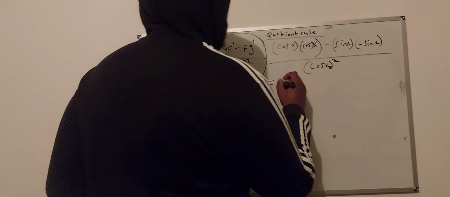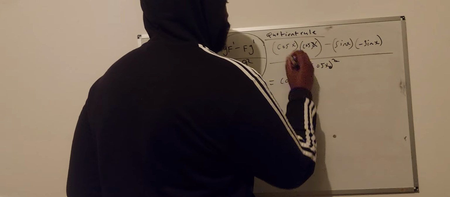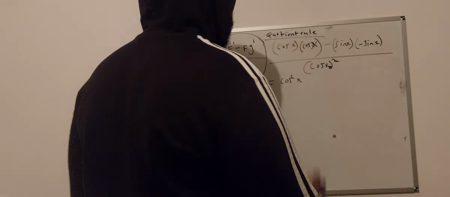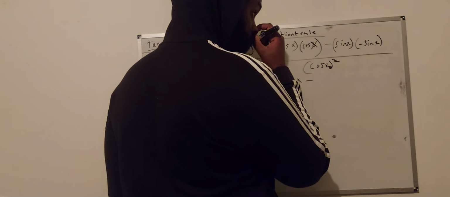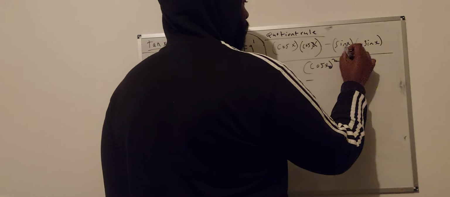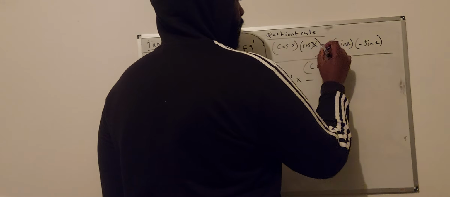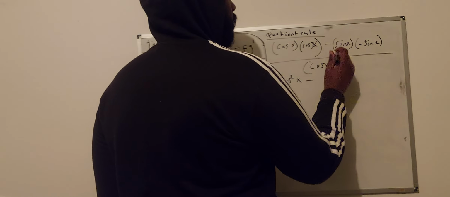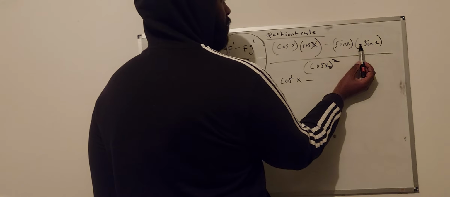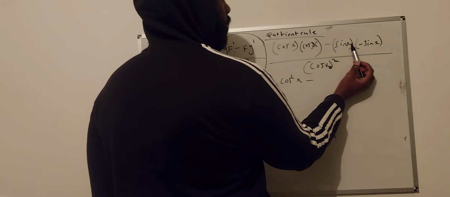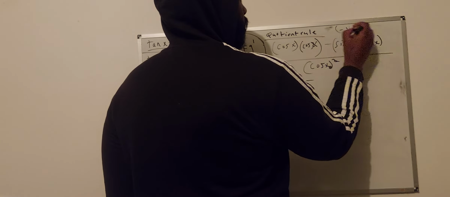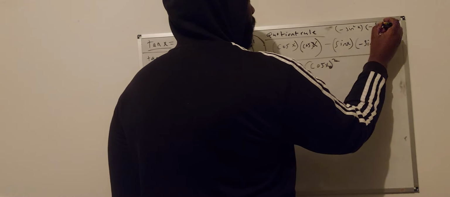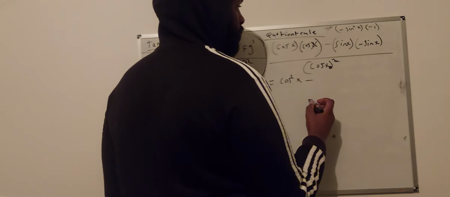So cos squared x, if you multiply the two brackets, that's going to be cos squared x. Now minus sine squared x, but then minus times minus. Well, first of all, plus times minus is minus sine squared x, so that becomes minus sine squared x. And then you multiply minus sine squared x times minus 1, which would be plus sine squared x.